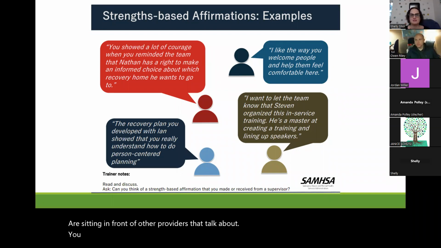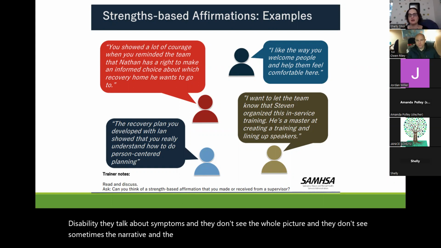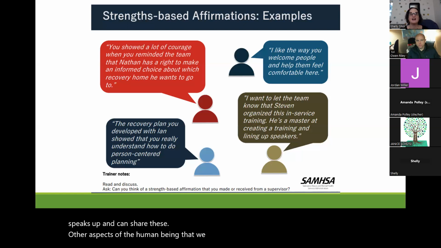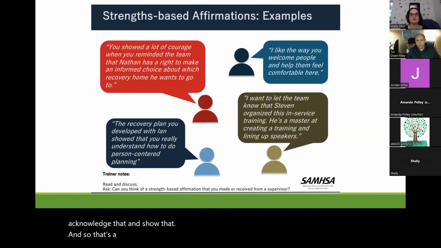They talk about symptoms and they don't see the whole picture and they don't see sometimes the narrative and the story around and about that person. And so when a peer speaks up and can share these other aspects of the human being that we are serving, it takes courage and we need to acknowledge that and show that. And so that's a good example to show, both.